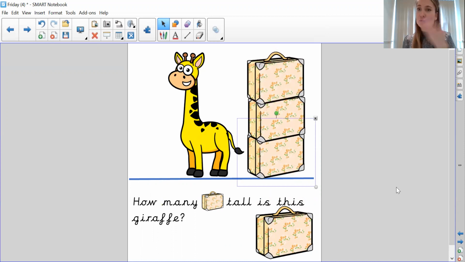Oh, how tall is my giraffe? Remember your full sentence. The giraffe is 3 suitcases tall. 1, 2, 3. 3 suitcases tall. Good.